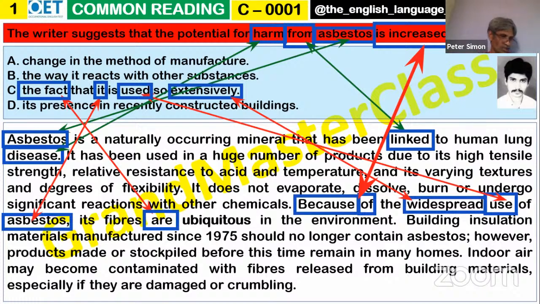This is the way how you have to analyze the question. Right, print screen.